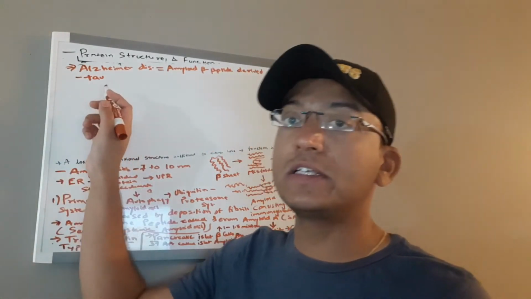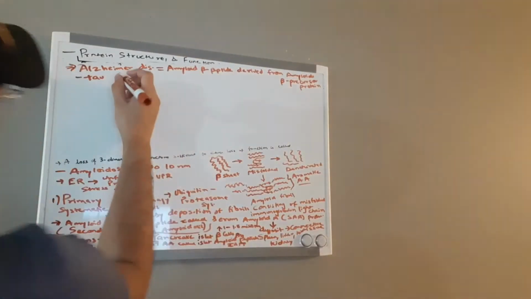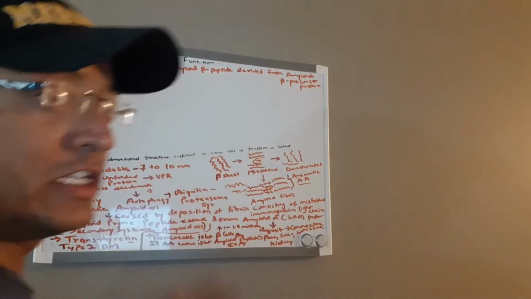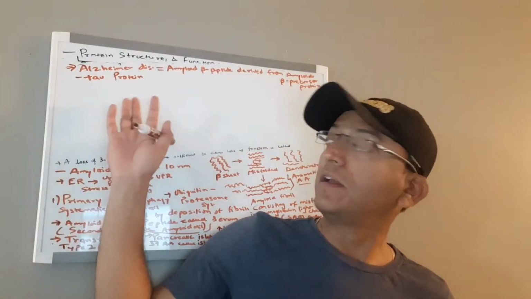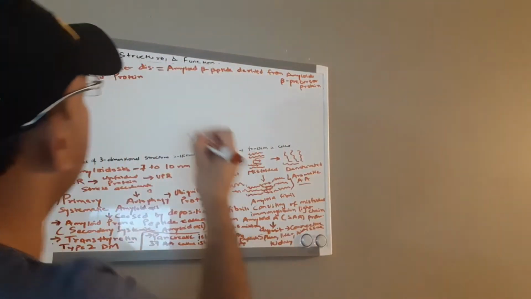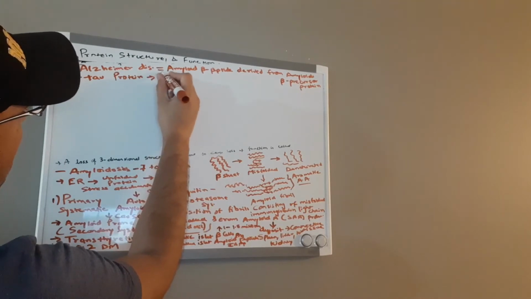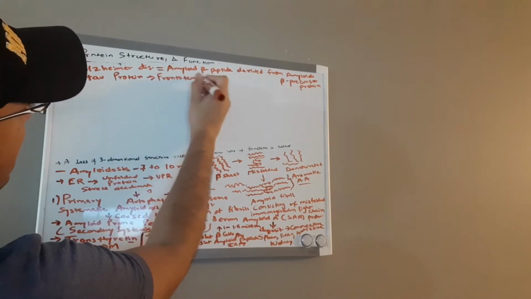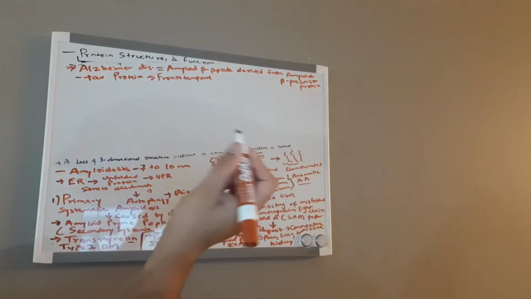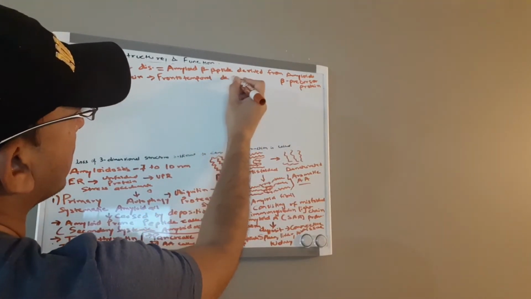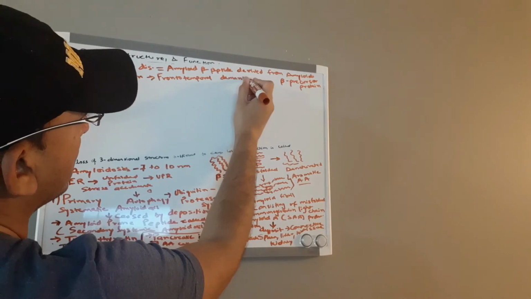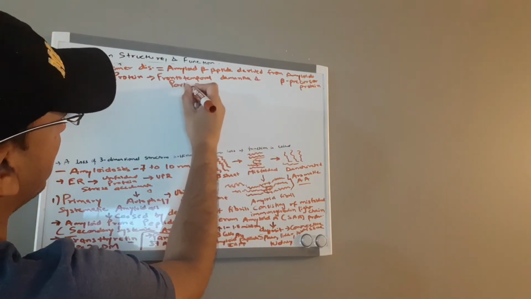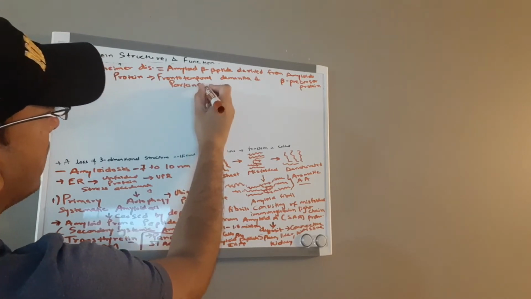But most of this tau protein causes frontotemporal dementia and Parkinsonism, right?